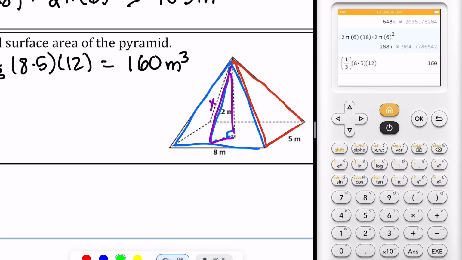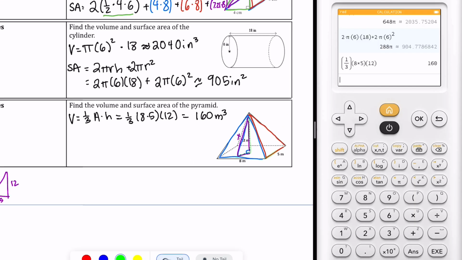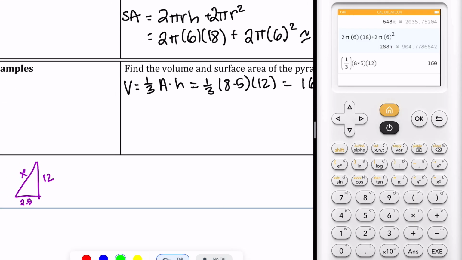When we look in here, we've got x is our hypotenuse. We have this leg here, which is half of 5, and then we have 12. So we will set this one up. We have x squared equals 12 squared plus 2.5 squared.